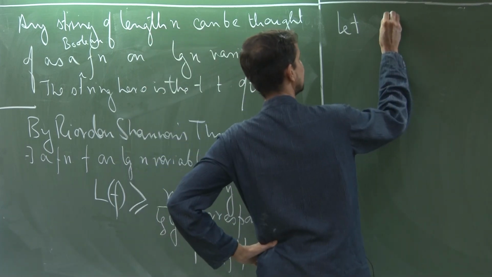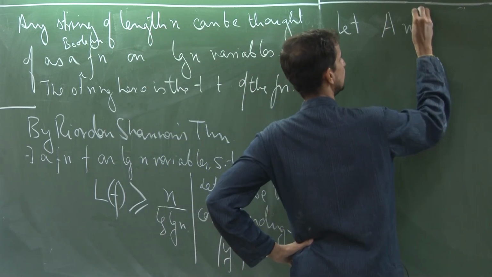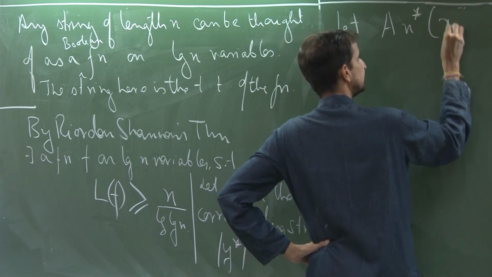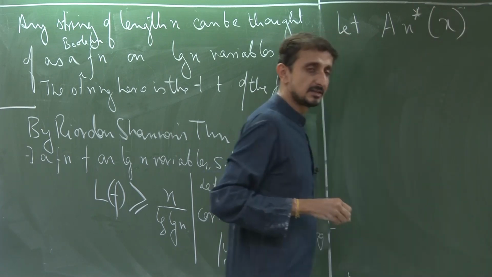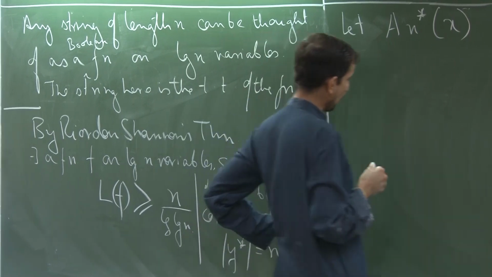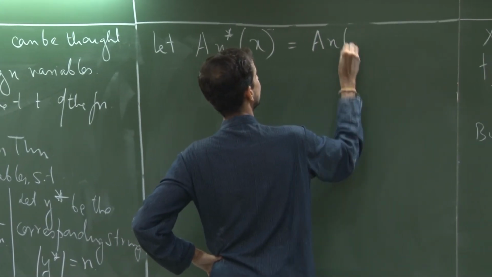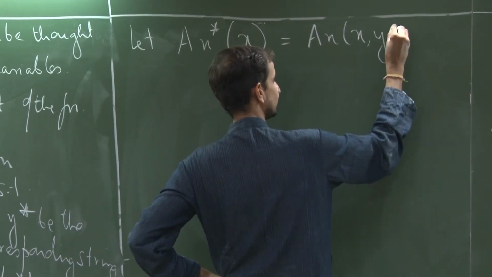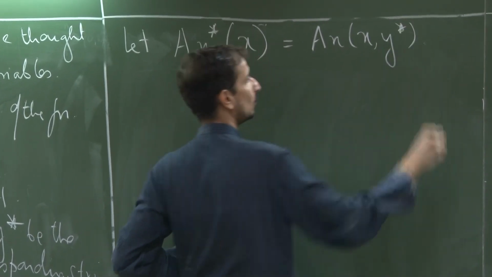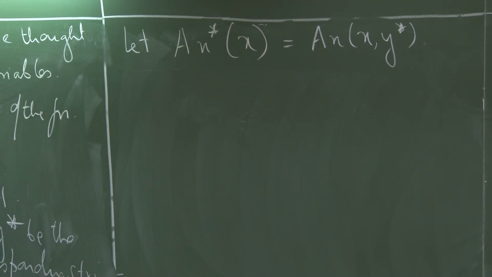Now I will define another function a n star, and this is a Boolean function on one string of n variables, which is equal to a n of x on this fixed string y star.